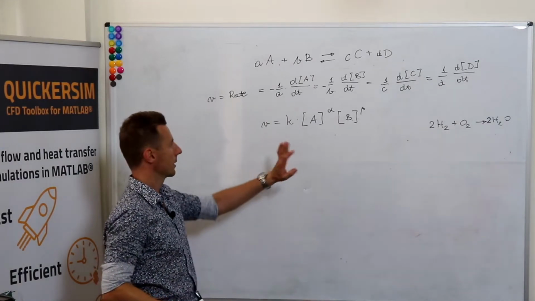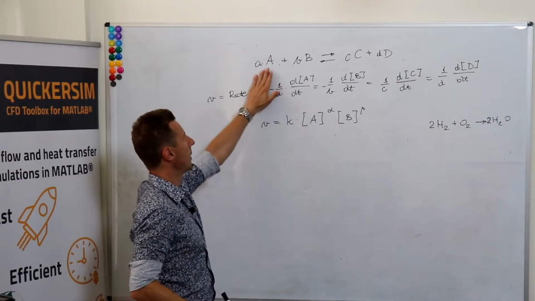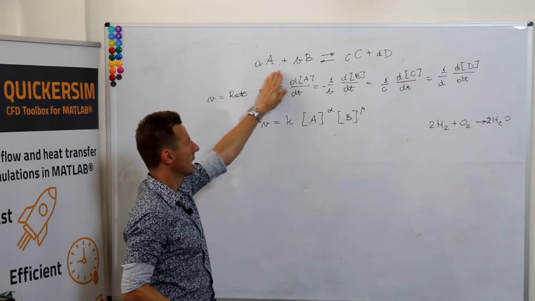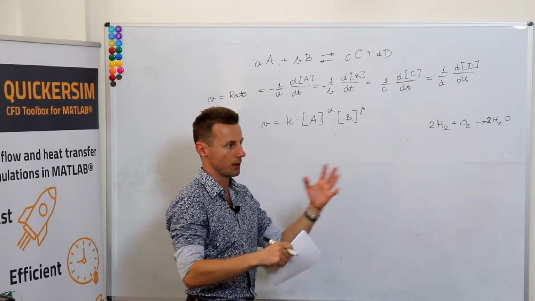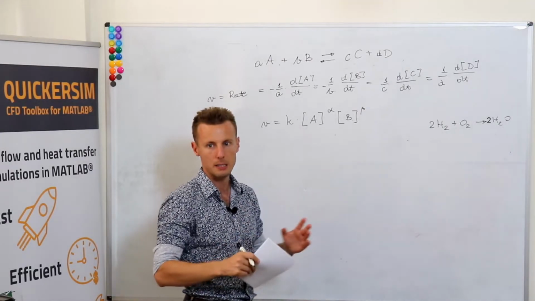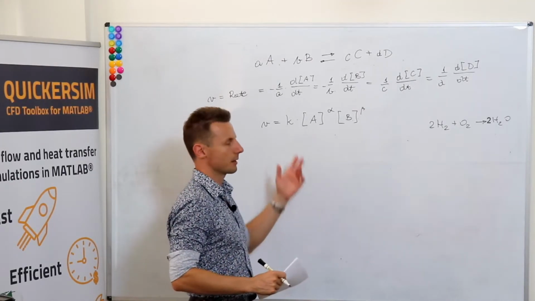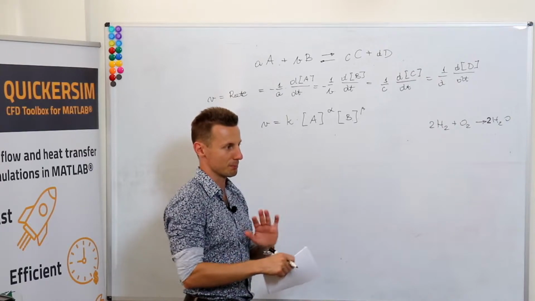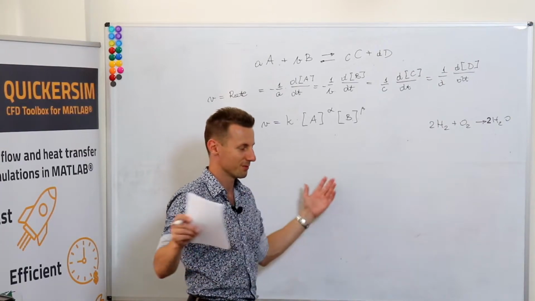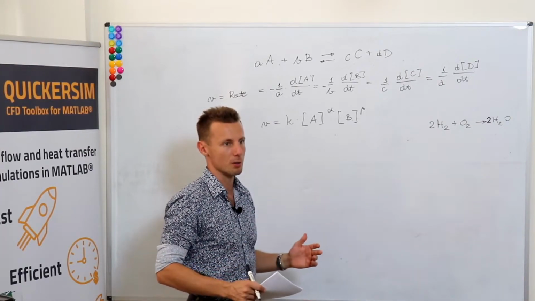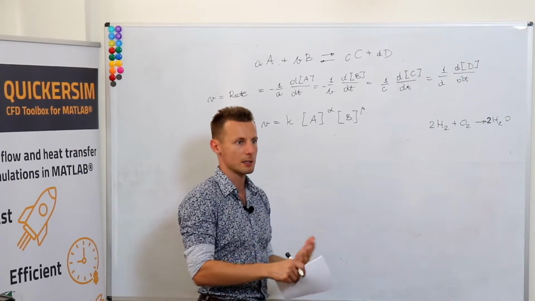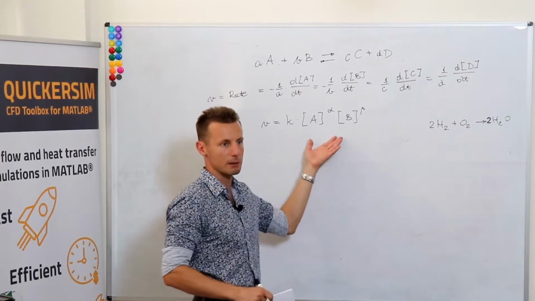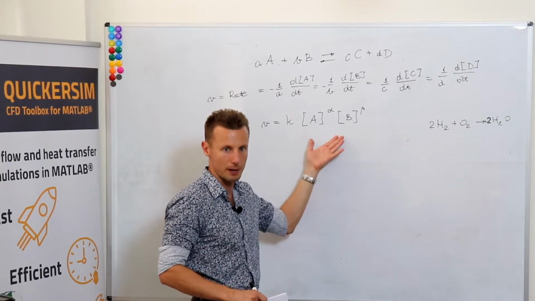And that's it. Depending on how much A is available, how much B is available, they are moving randomly across space. If it's a gas, well, in the liquid probably a bit differently, but maybe not so, the distances might be not so large, but they are also moving randomly. When they collide, then you get some probability that the reaction will take place.